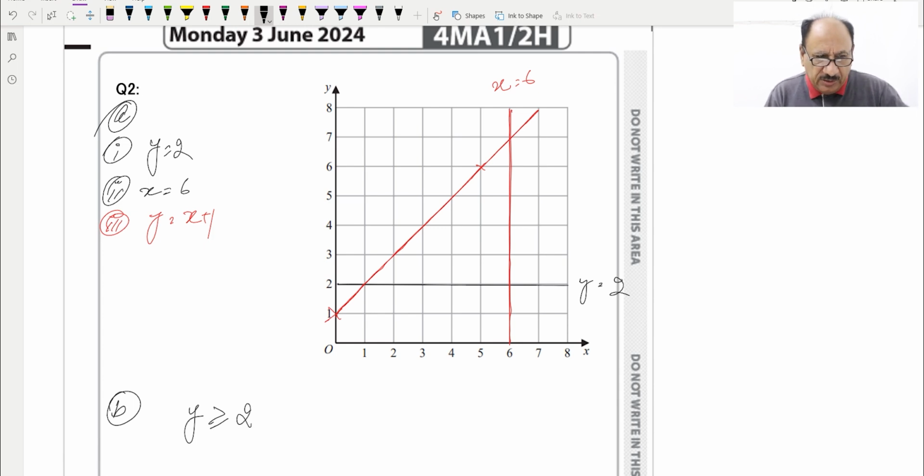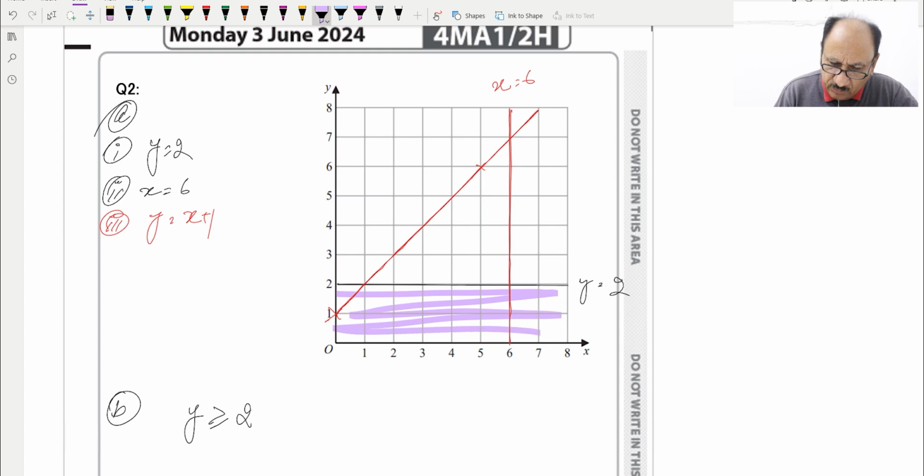So greater than or equal to 2 means the lower region is not required. This region is not required, but we have to shade the upper region, which is the required one. So the required one will be the upper region, which is this side. This one is required, the above portion is required.